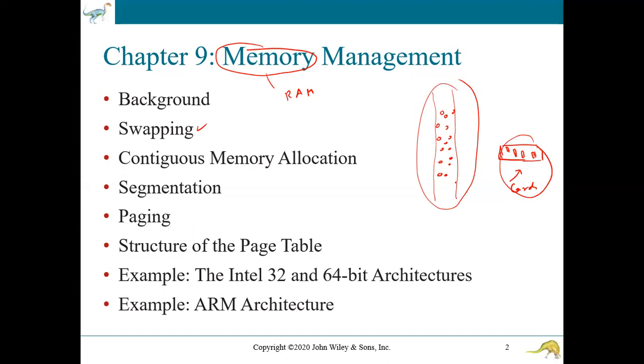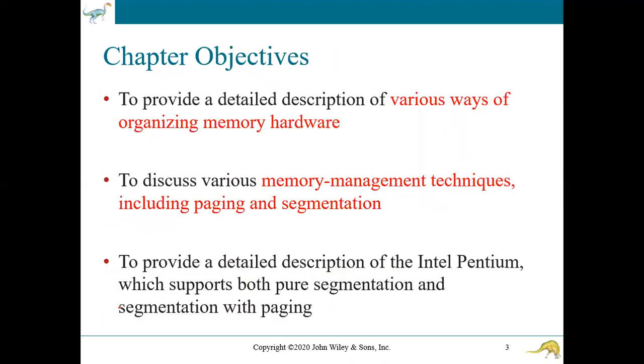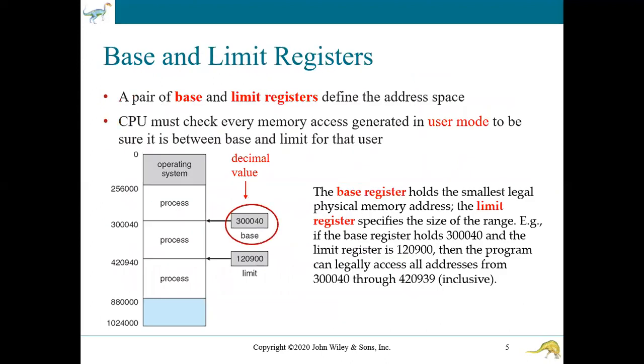Anyway, tape memory, paper tape memory, magnetic tape. Contiguous memory allocation algorithms, segmentation, paging, structure of a page table. We will see that again with some examples. That's all you're going to study in this topic. Did I complete some part of it? Not yet, right?